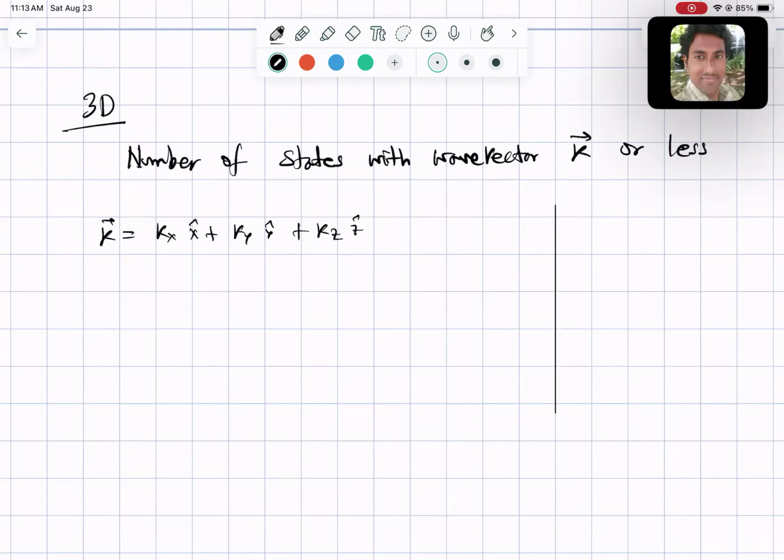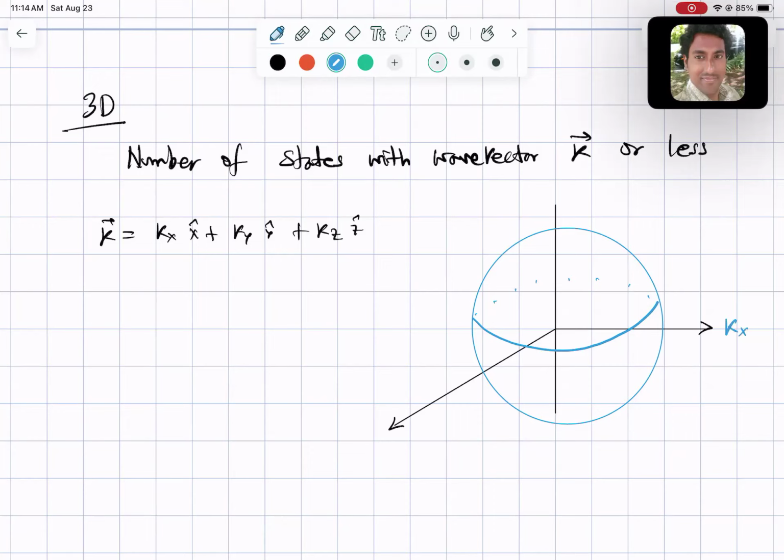And we can draw a sphere like this. Let's say this is the kx, ky, kz direction.